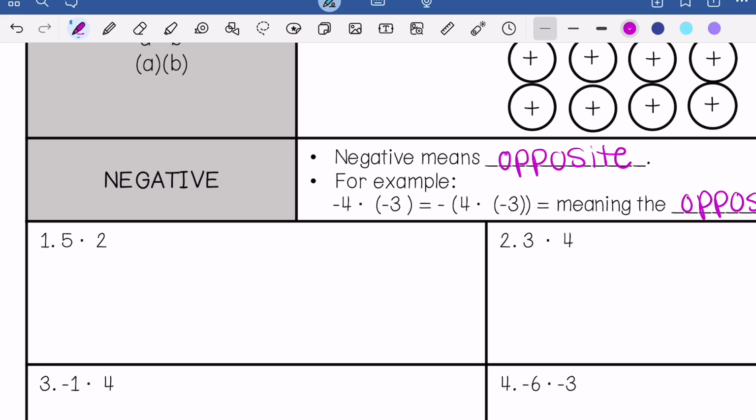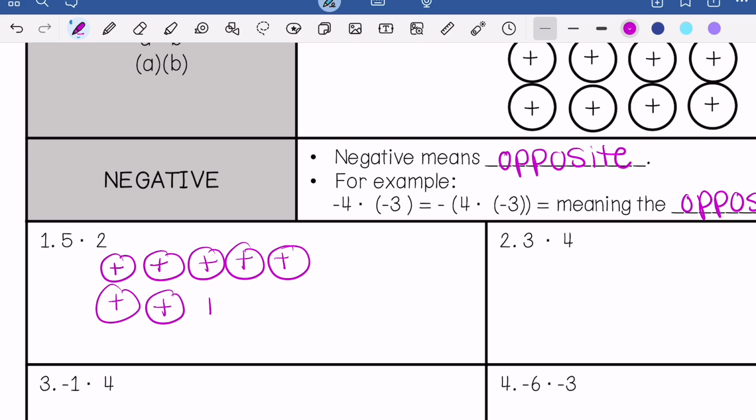So solving a positive times a positive is not any different than my method before. I'm just going to show this is two groups of five. You could do five groups of two. And I get positive 10.